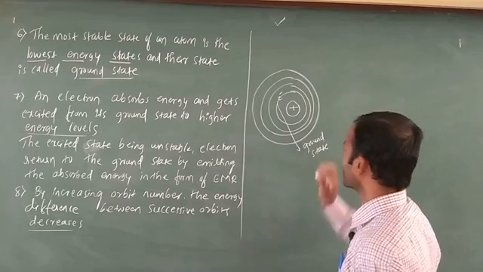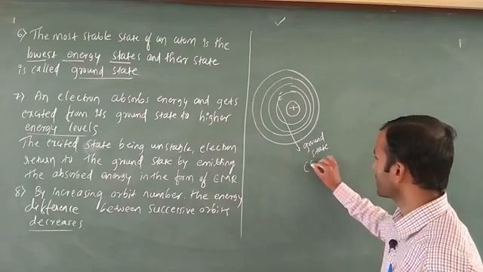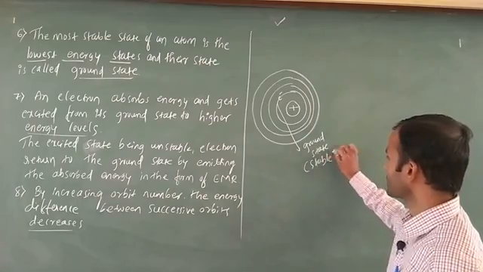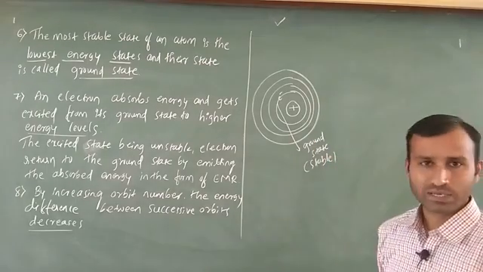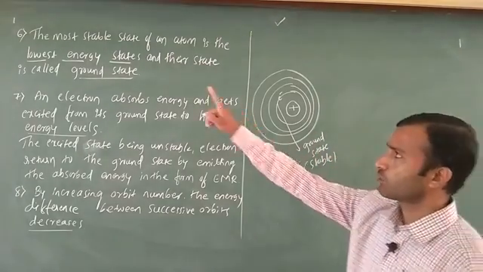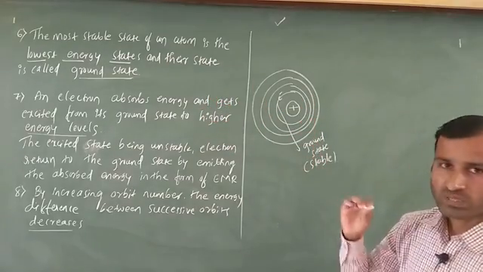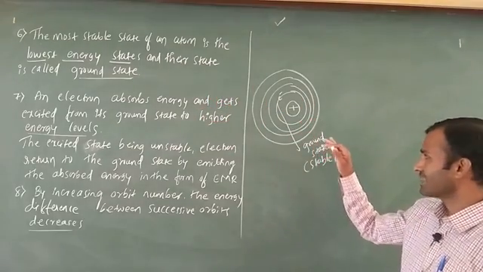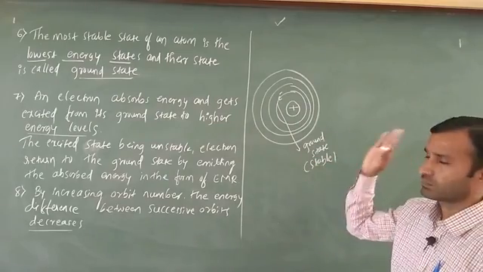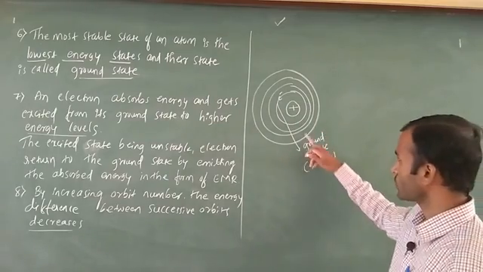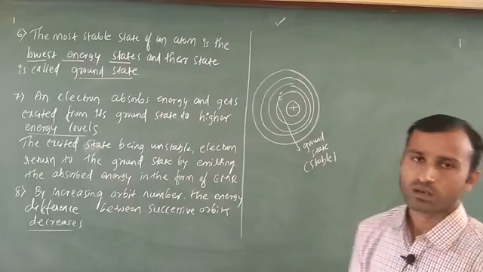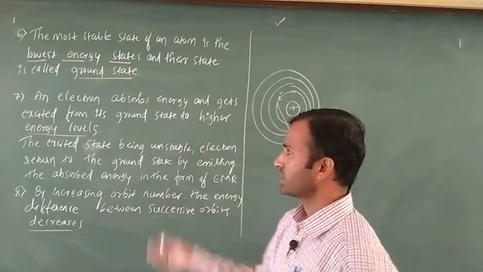This ground state is a stable state. So the sixth point is clear: the most stable state of an atom is the lowest energy state, and that state is called the ground state. The ground state is always stable. The sixth one is completed. Next, the seventh one.